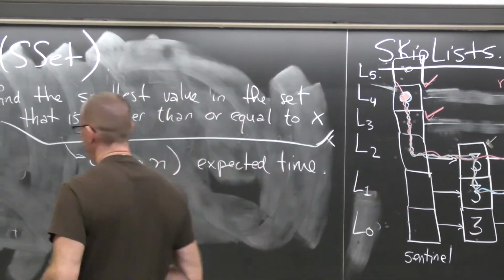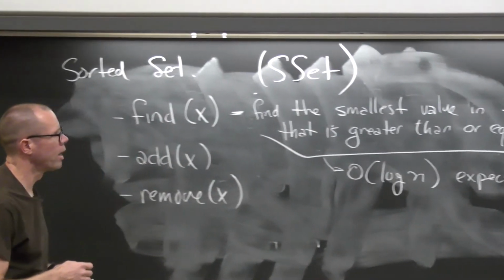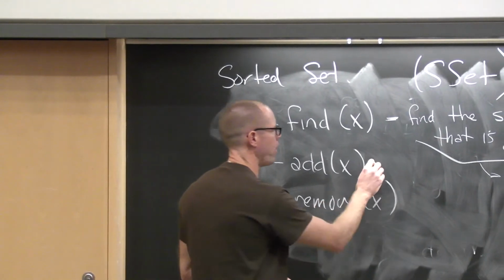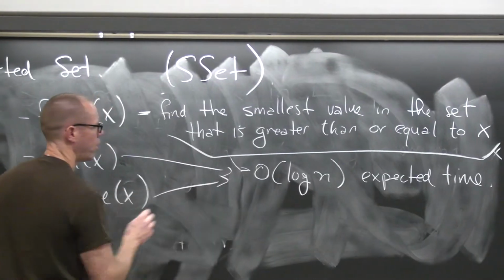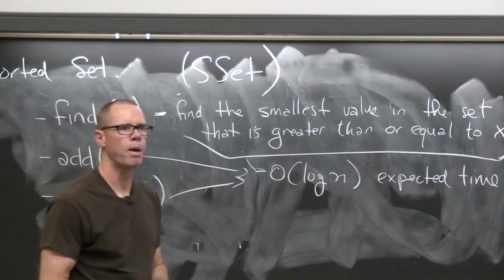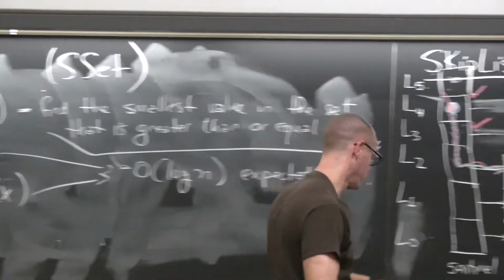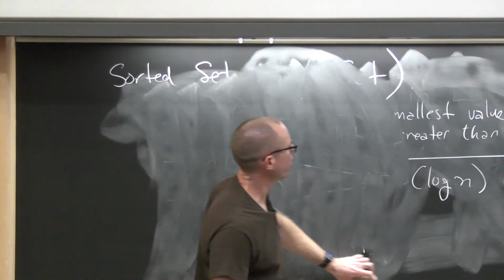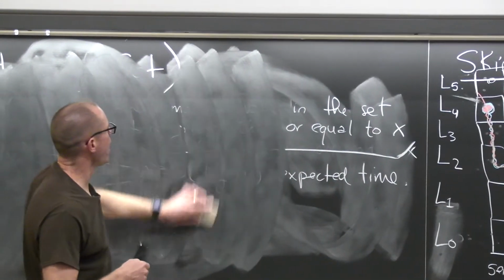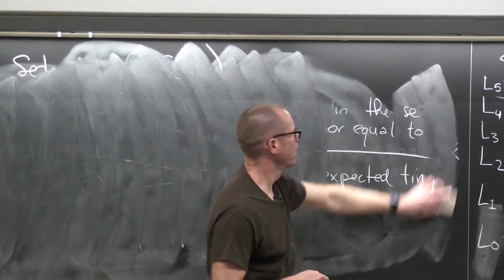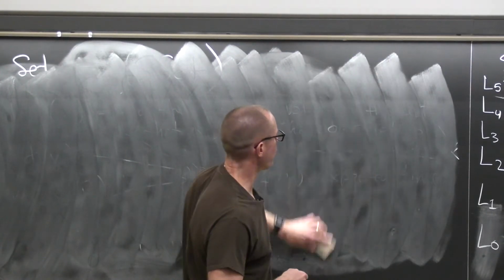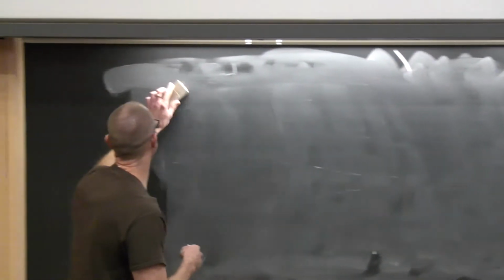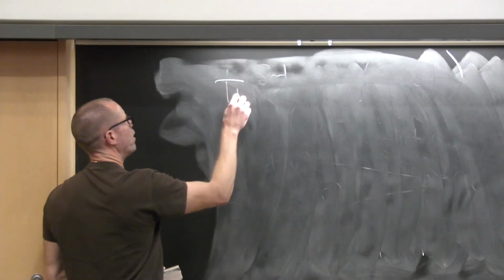And again, how long does that take? Well, it's all proportional to the length of the search path. So all of these operations run in O of log n expected time. If you've never seen it, go look at the code for sorted set in the Java collections framework, or tree set rather. So, exercise for those of you interested.